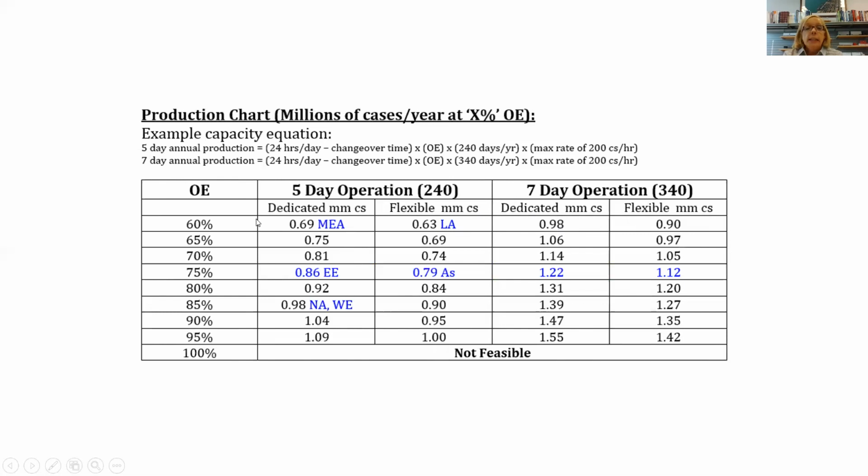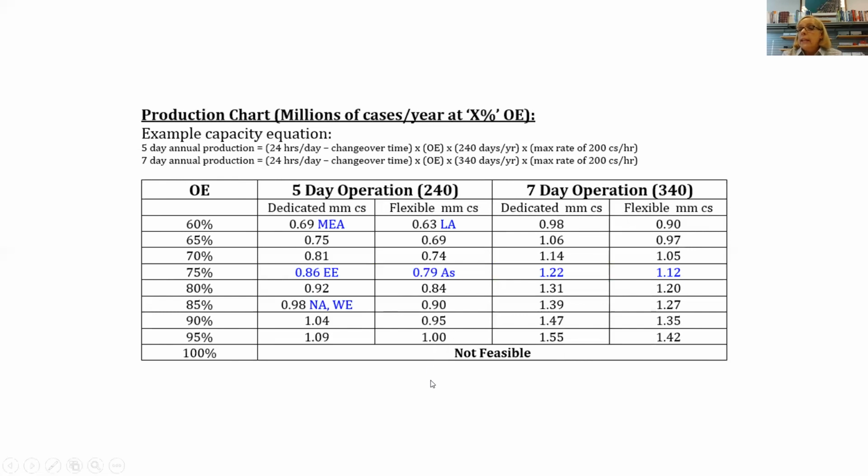It's running at 60% operating efficiency, which means its current capacity is 0.63, or 630,000 cases. Let me point out another one. North America and Western Europe are running at 85% capacity currently, 5-day. We have dedicated lines there, and they are running at 0.98 capacity.